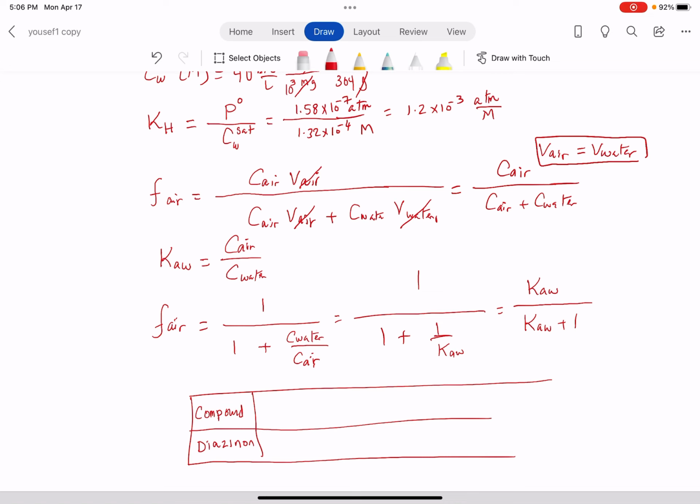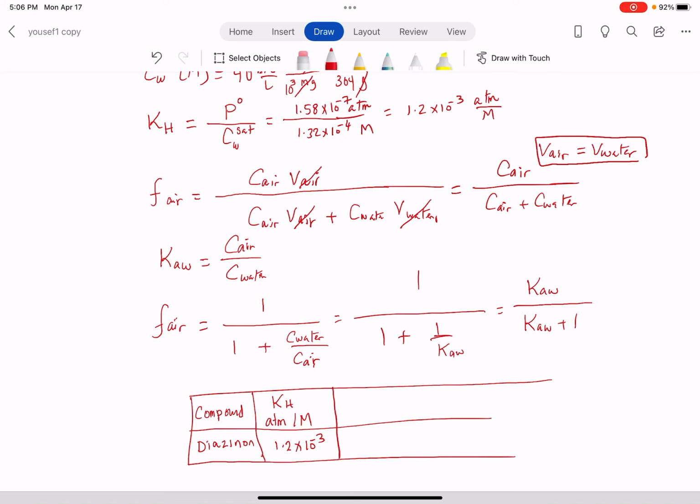We found KH before in atmospheric per molarity, 1.2 times 10 to the minus 3. That's KH, that's the Henry law constant.